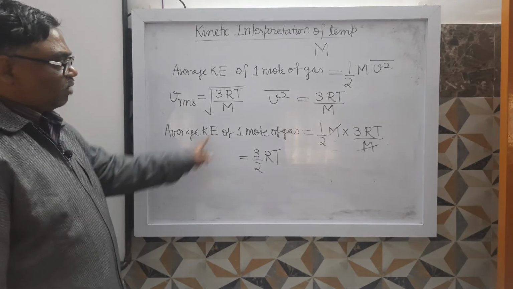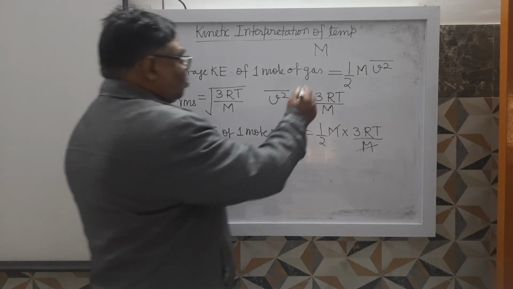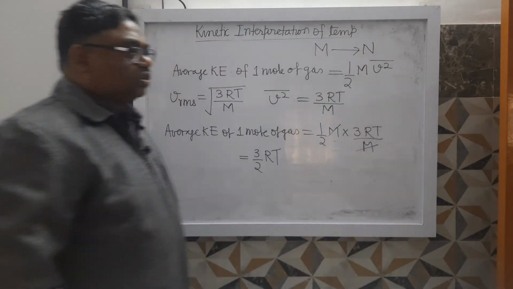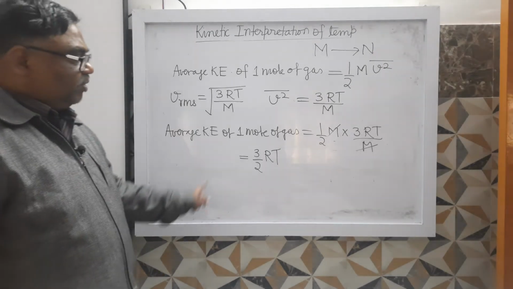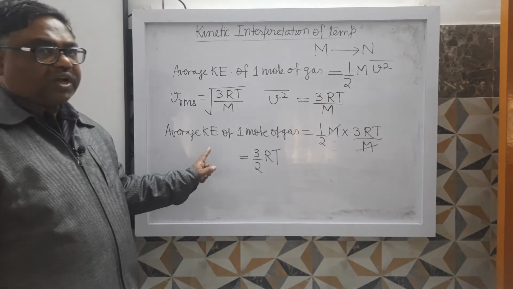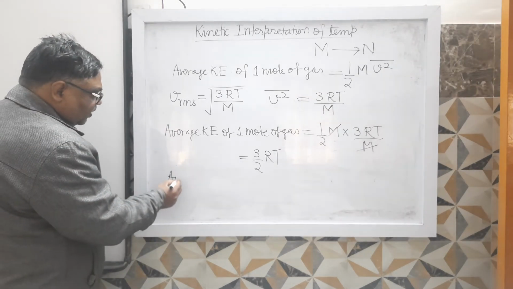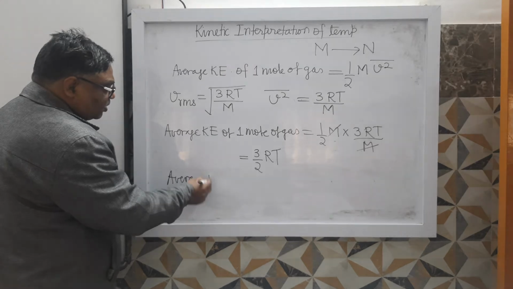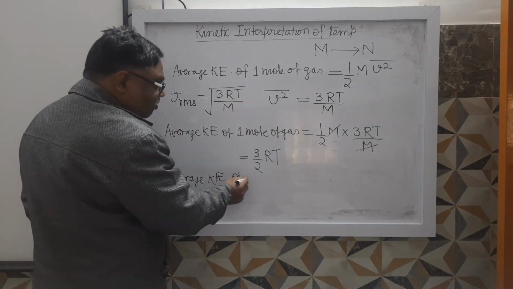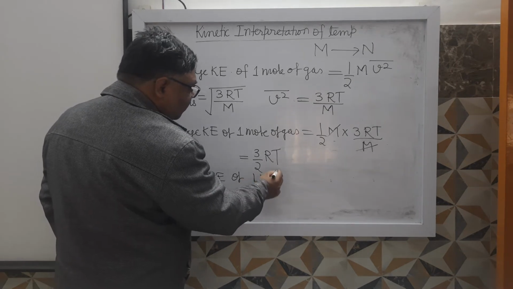Now this is the 1 mole of gas. Now in 1 mole there are how many molecules? It is capital N molecules, which is equal to the Avogadro number, means it is the average kinetic energy of capital N number of molecules. So what will be the average kinetic energy of 1 molecule?